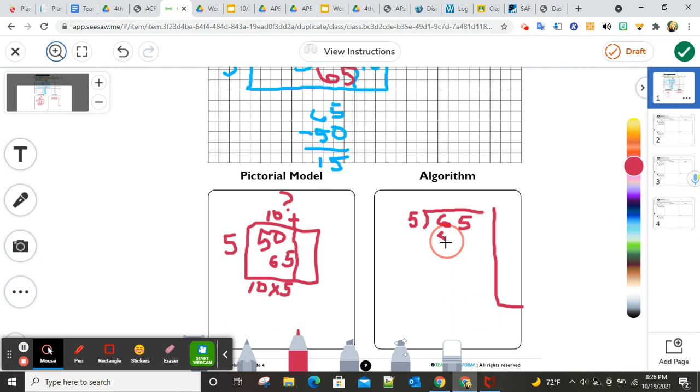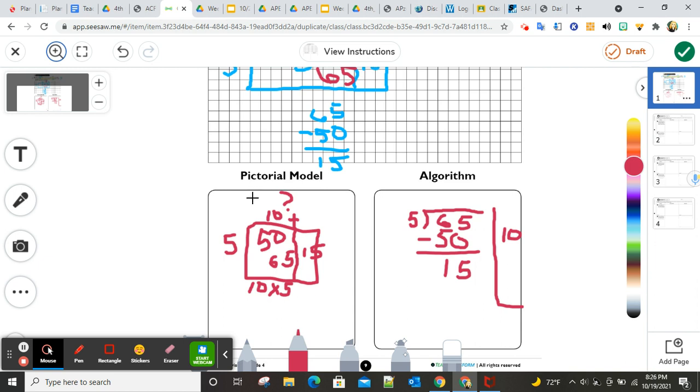Over here, I have to subtract 50 because that's a partial quotient. When I subtract 50, I'm left with 15. And over here, I need to write 10 because I multiplied 5 times 10 and got 50, and then I subtracted that. So that leaves 15 in my bit that's left.